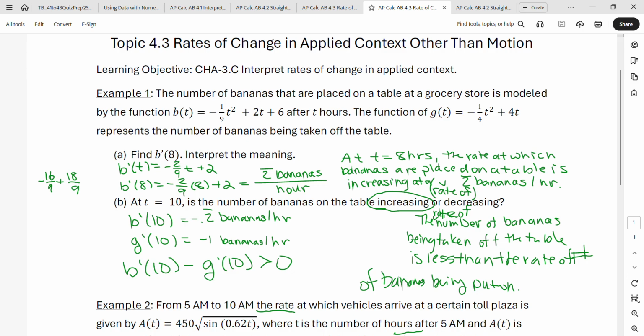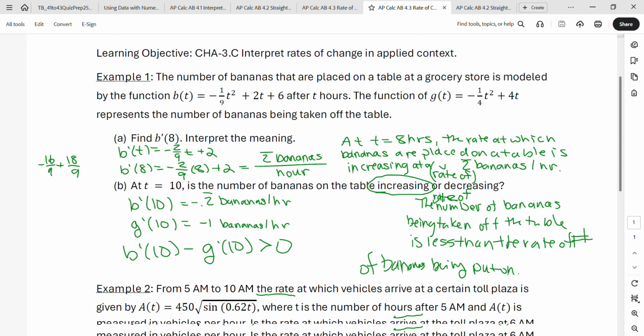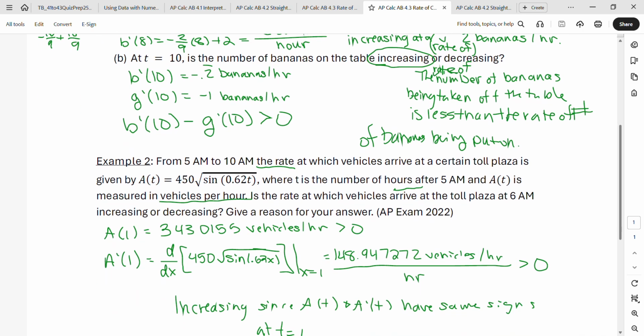And because that is bigger than 0, the number of bananas on the table is increasing at that moment. And then you had example 2, which was another kind of calculator problem, interpreting the answer. So, alrighty. Are there any questions about that 4.3 homework?